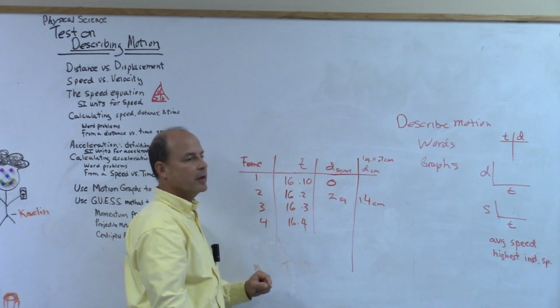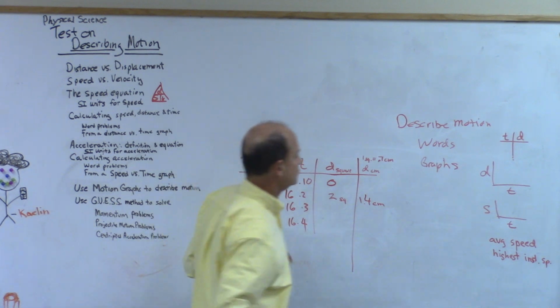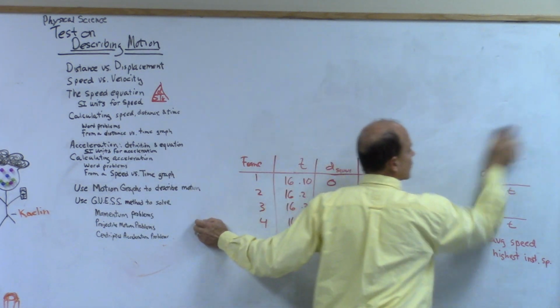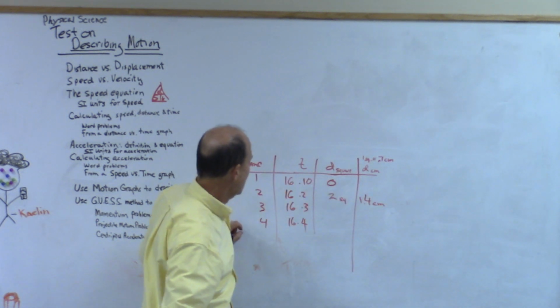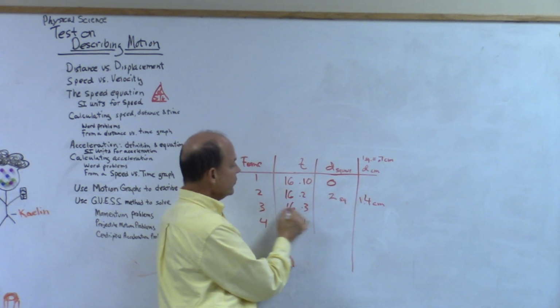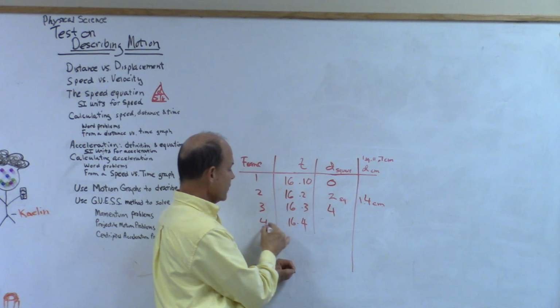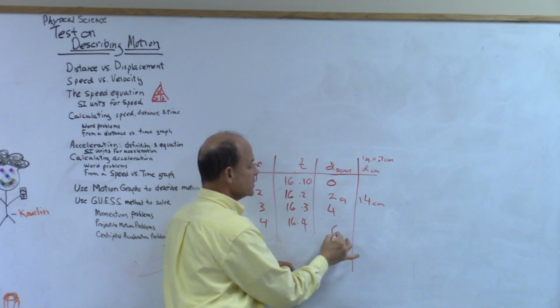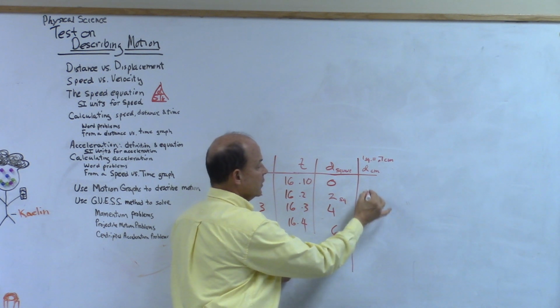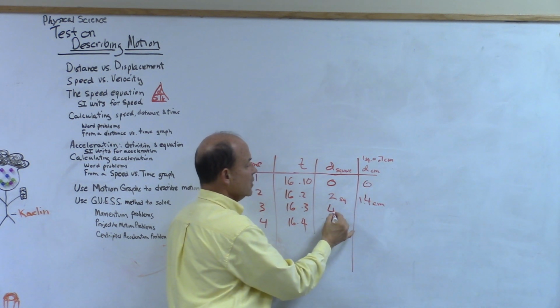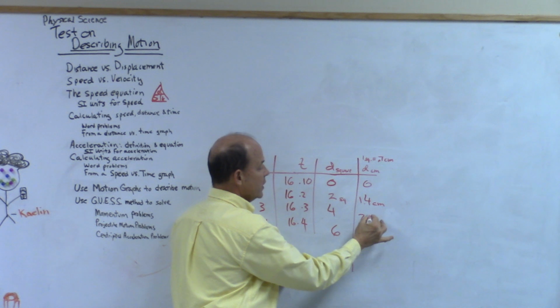This is going to be a big graph when we're all done with this. So then we go to frame 3 and it's gone 4 squares, and frame 4 it's gone 6 squares. We can convert all of these to distance. So 4 times 0.7 is 2.8.